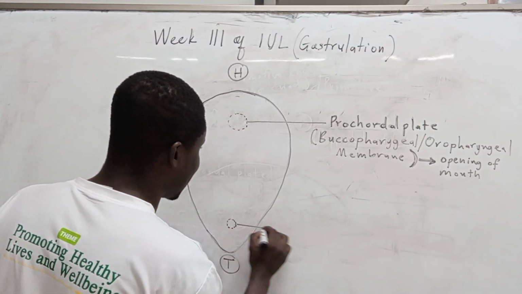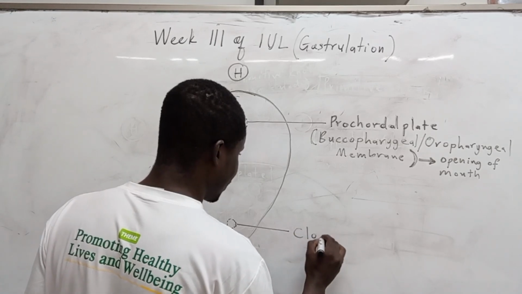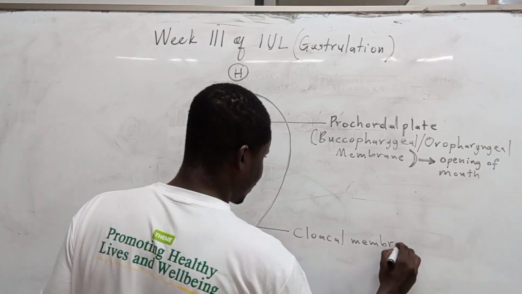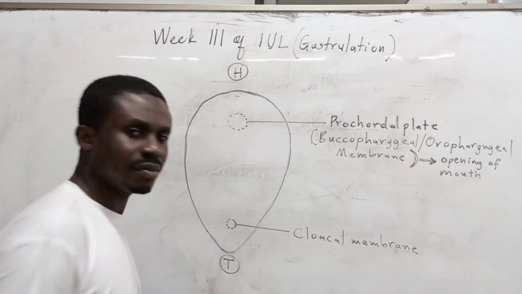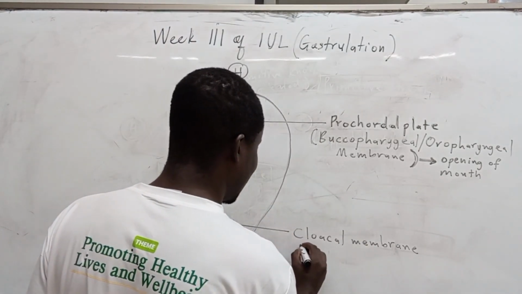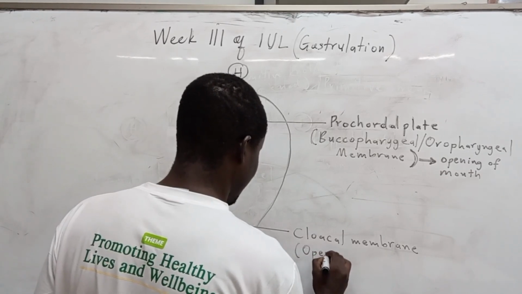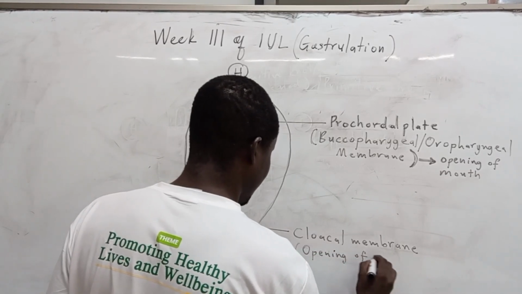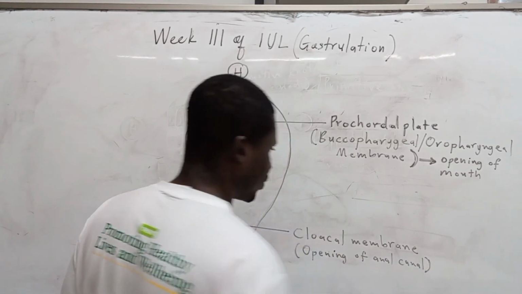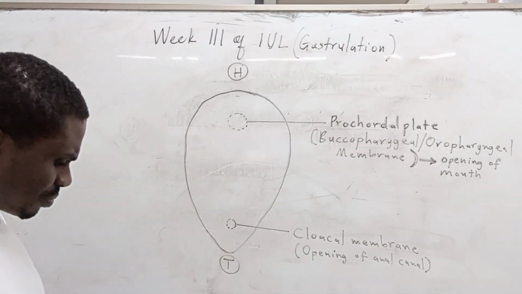And this guy over here will be called the cloacal membrane, and that is, of course, the future opening of what we call the anal canal. Yes, this is what we are going to see.